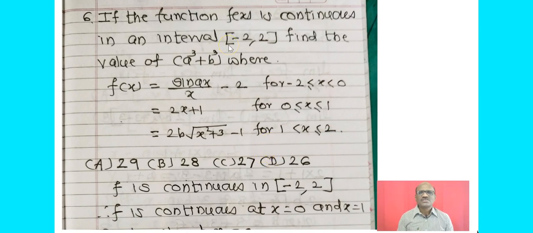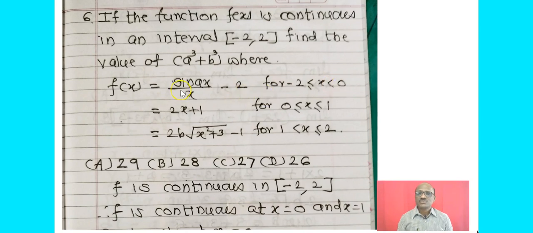Now as the given function is continuous, therefore the value of the function is equal to the limit of the function. Now this is again very important: the given function breaks at 2 points. It breaks at 0 and it breaks at 1. Therefore we will find the limit of the function from the left hand side and the right hand side at 0.